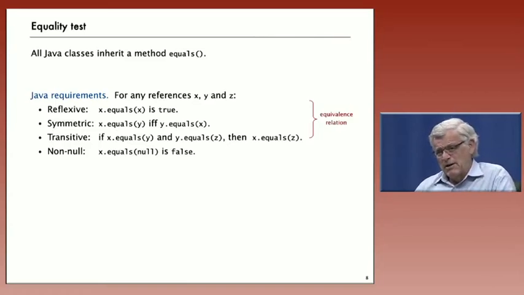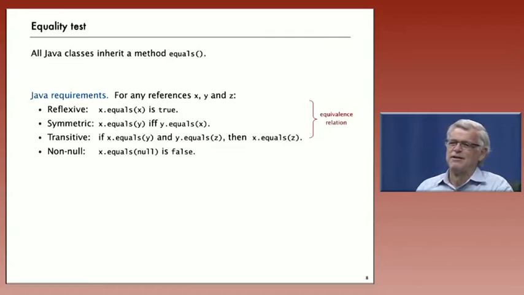So anyway, we're required to make sure that x is always equal to x, and that x equals y is the same as y equals x, and if x equals y and y equals z, then x equals z. So in mathematical terms, equals is called an equivalence relation. And also, no object is equal to null. Those are absolute requirements for Java.